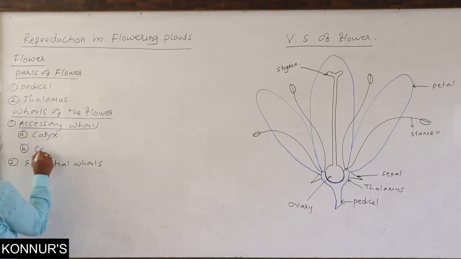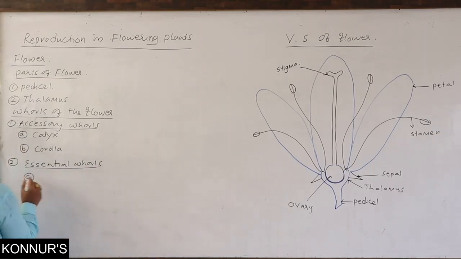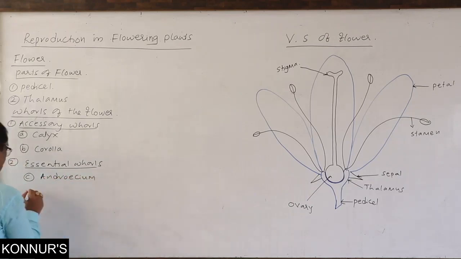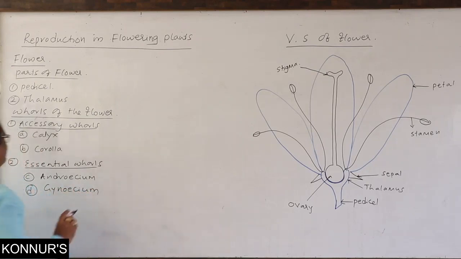B, corolla. And essential whorls of the flower: C, androecium. D, gynoecium. Totally four whorls. Those are calyx, corolla, androecium and gynoecium.